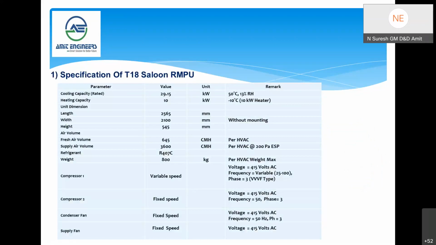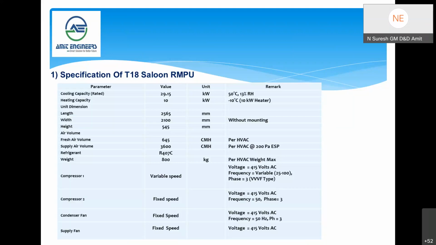Now we are going to talk about the specification of the RMPU, roof mounted unit, we are giving. The cooling capacity is approximately 29 kilowatt, and heating capacity is 9 kilowatt. The dimension of the unit is 2.5, 2.1, and 0.5 meters.